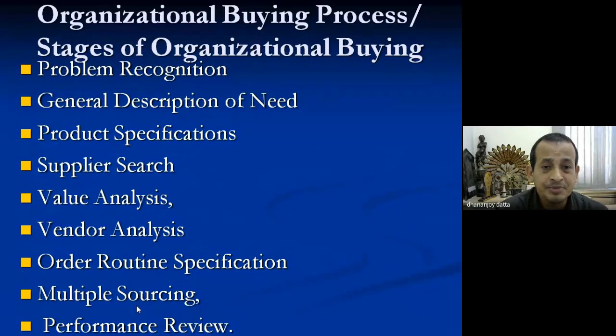Like this, the specification will be decided. Then supplier search. In the supplier search, the company or firm looks for a supplier who can supply these goods. They may release a tender or look for quotations.